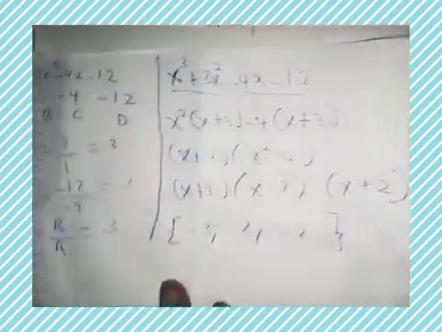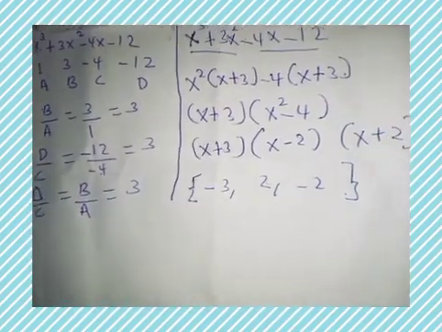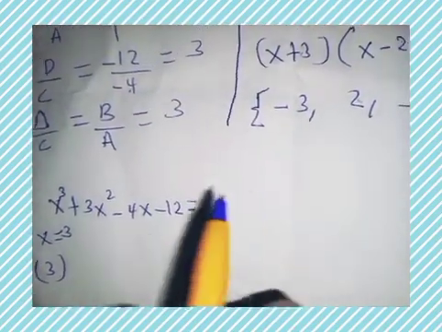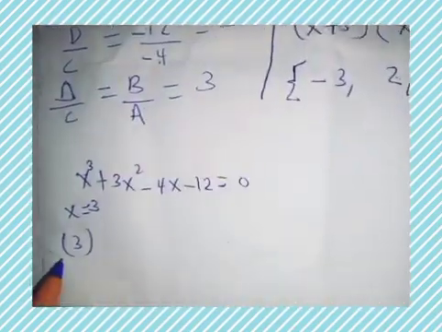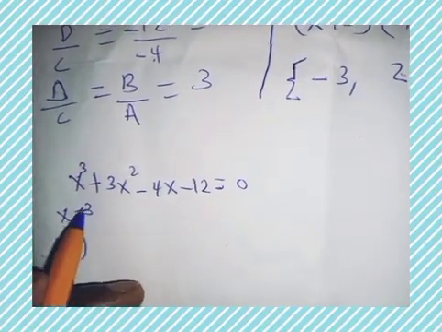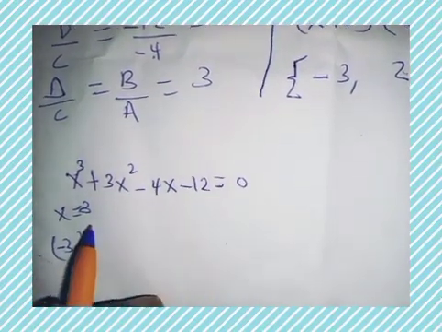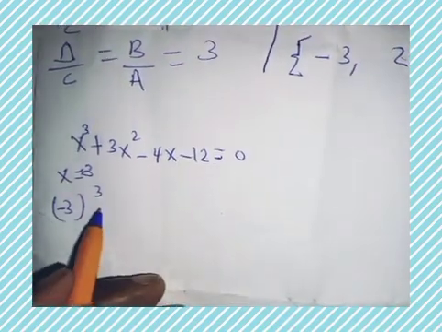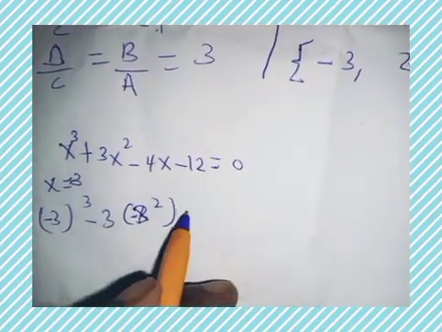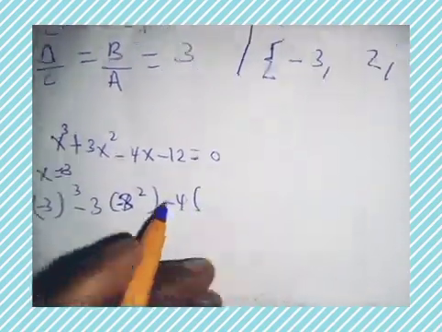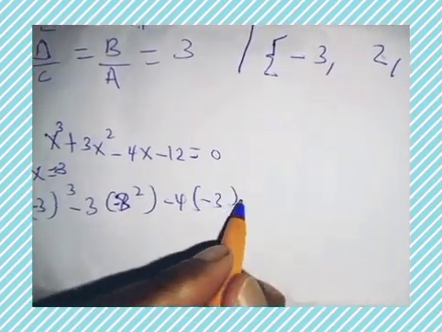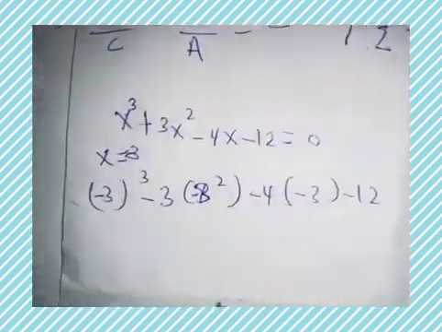These are the possible solution set. We can check on that. One of our solutions is that x is equal to -3. So we check x is equal to -3: -3 cubic plus 3 into bracket -3 squared minus 4 into bracket -3 minus 12. It should give us 0.